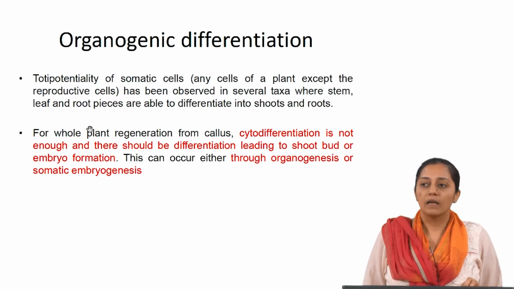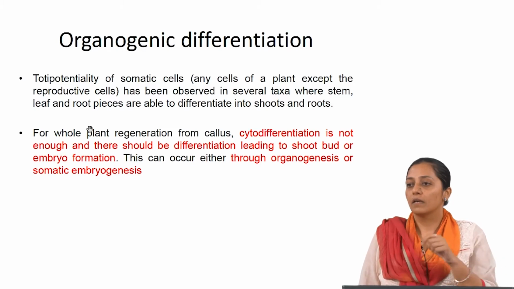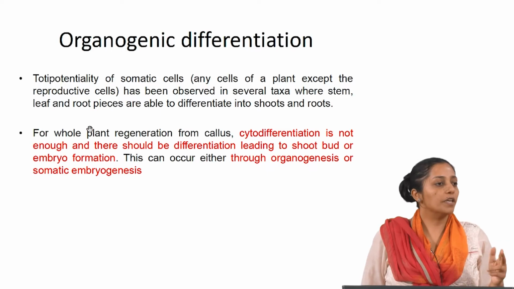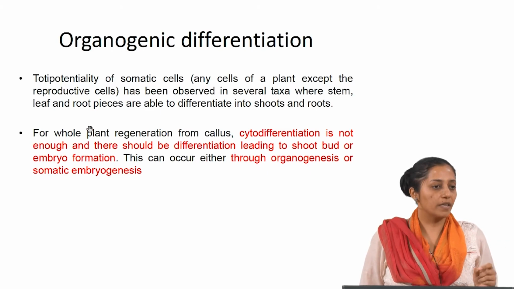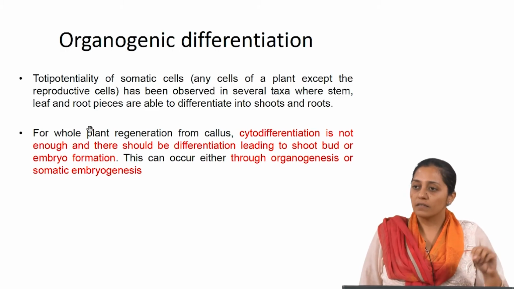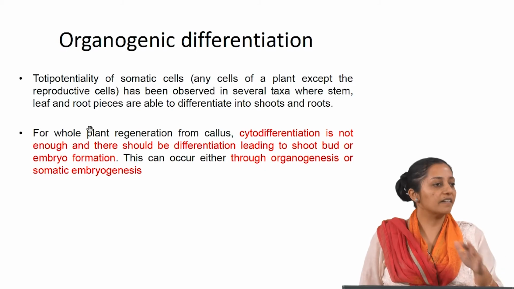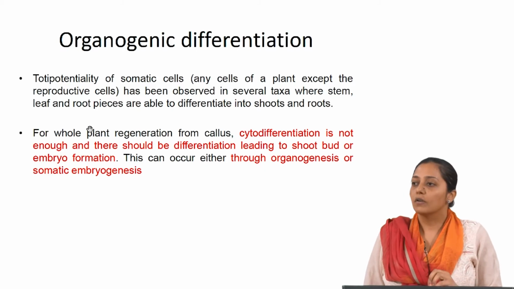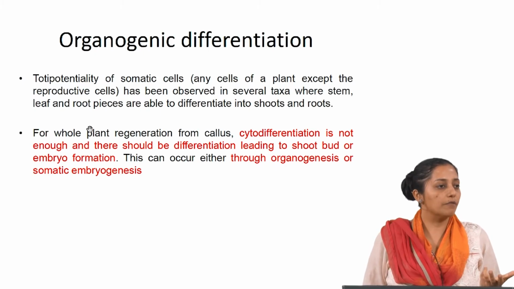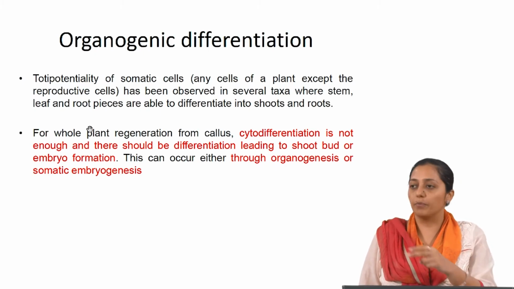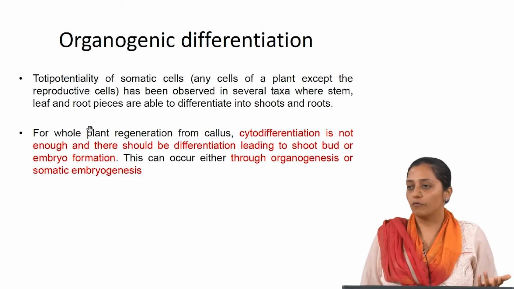Then, in order to regenerate into a whole plant, there has to be a shoot bud formation, or primordium. Once shoot bud primordium forms directly, it is direct regeneration, or somatic embryos are formed through somatic cells. If somatic embryos are formed, then subsequent development of bipolar structures, shoot primordium and root primordium, will form.